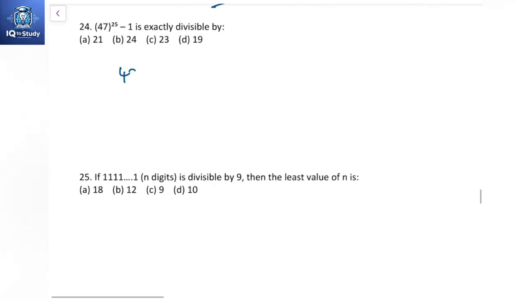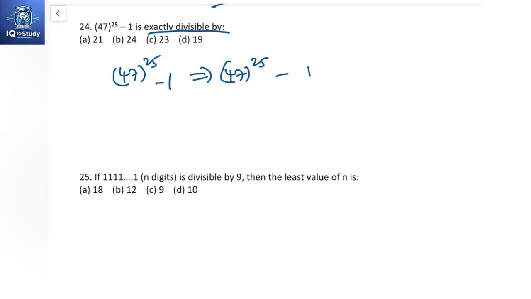47 to the power 25 minus 1 is exactly divisible by... 47 to the power 25 minus 1 to the power 25. It is in the form of a power n minus b power n, which is completely divisible by a minus b.